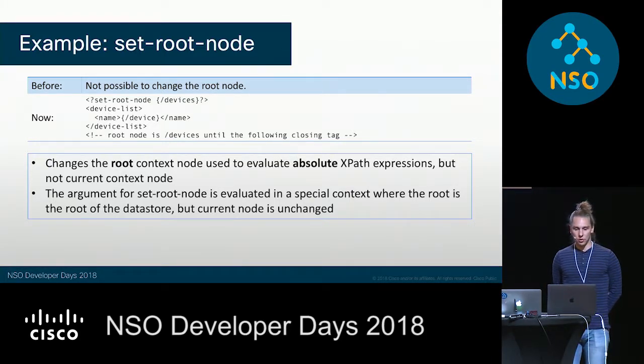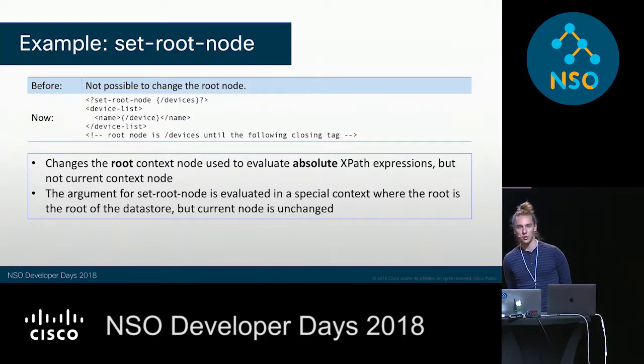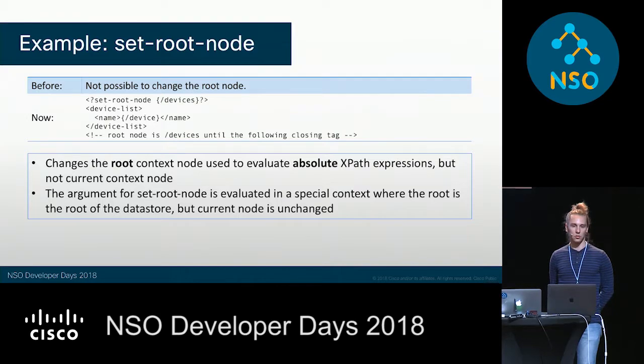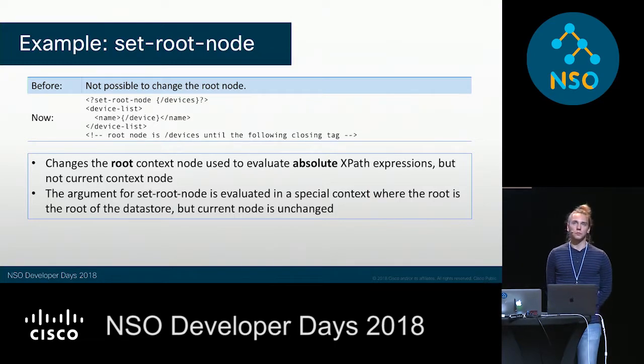One important note about this instruction is that when you give an absolute XPath expression as a parameter for the set root node, the root for this expression is the root of the whole database. So this is one problem that existed before.